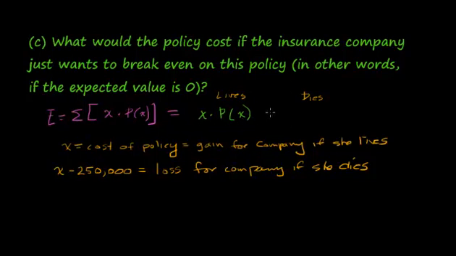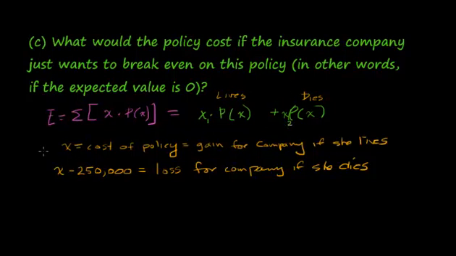All right, plus, and then if she dies, we have an X times P of X here. So let me just write it that way. We have X times P of X. So below, let's fill in what we know. This is our X1, this is our X2.